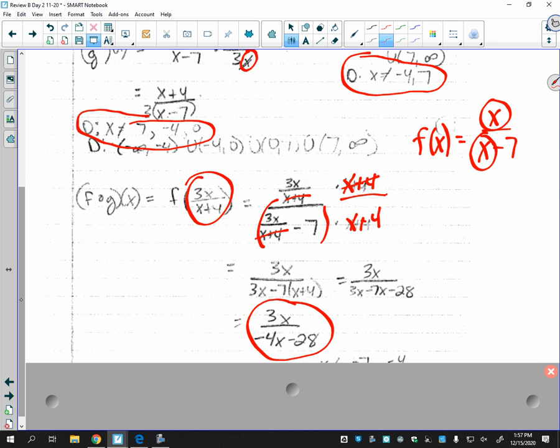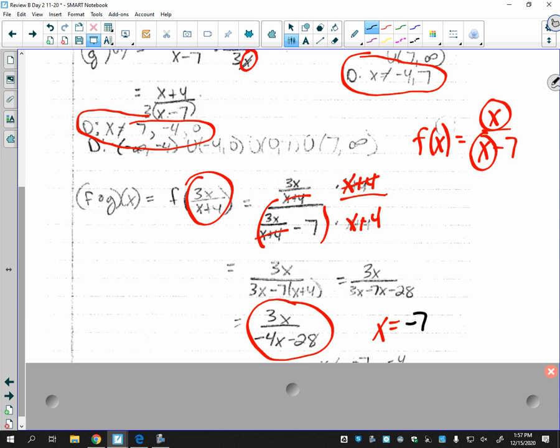We also talked about the domain of this. It was one day in here. I'm sure you don't remember because we've done a lot. But when you do the domain of f of g, definitely you have to consider the domain of your new function. So if you say, what can't x be in here, and you set that equal to 0, you would get that x can't equal negative 7.